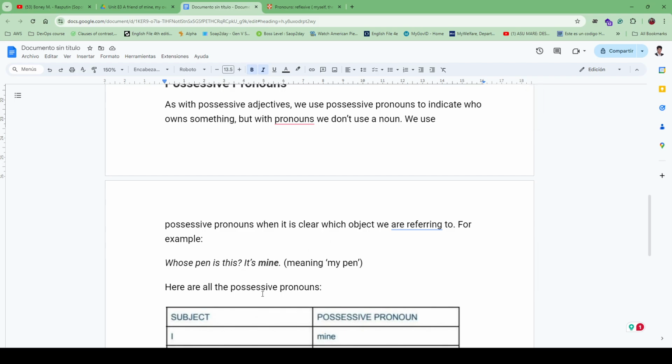Okay. Remember, we use a possessive pronoun to indicate who owns something, but with pronouns we don't use a noun because it has to be clear which object we are referring to.